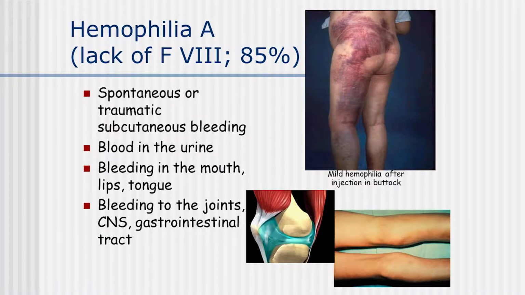Hemophilia A is spontaneous or traumatic subcutaneous bleeding: bleeding under the skin, blood in the urine, bleeding in the mouth, on the lips, and then on the tongue, bleeding at the joints, the central nervous system, and then the gastrointestinal tract.